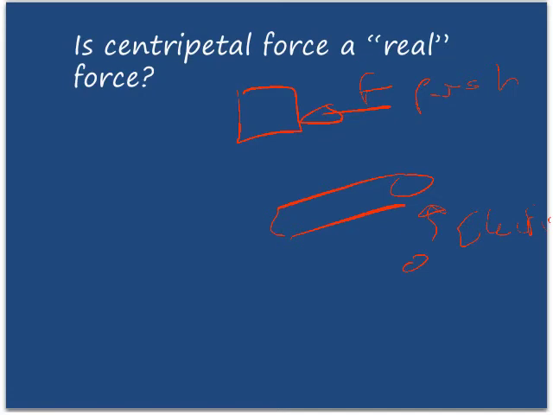There's not one where you're going to call it centripetal force. We actually use things like friction, electric forces, magnetic, gravitational, tension, to provide a centripetal force to go around in a circle.